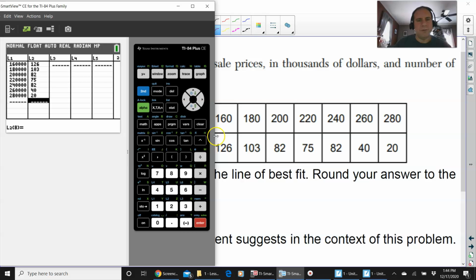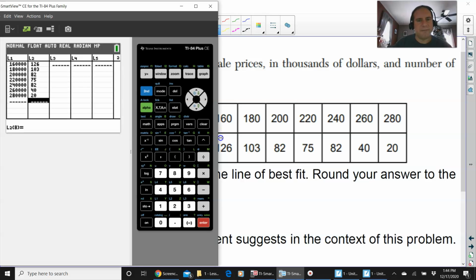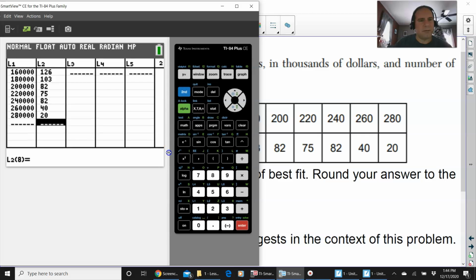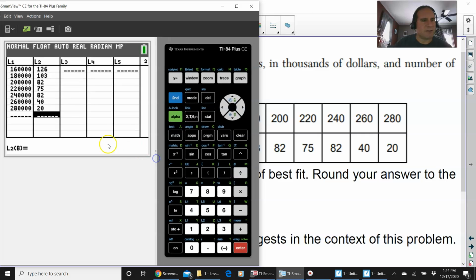All right, notice that I do have the same amount of X and Y's, right? If you have one more X than Y in like L1 and L2, it'll give you an error. So just check at the end.